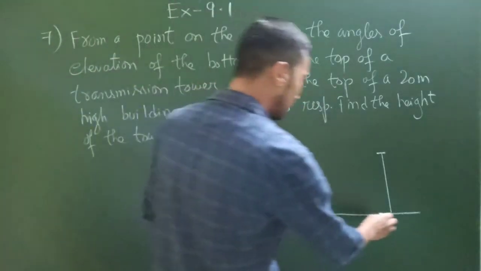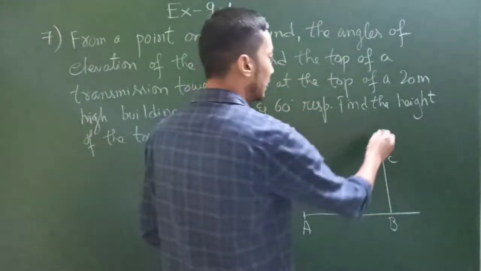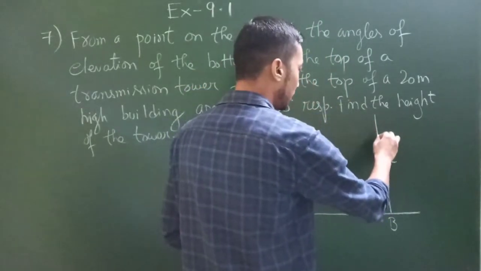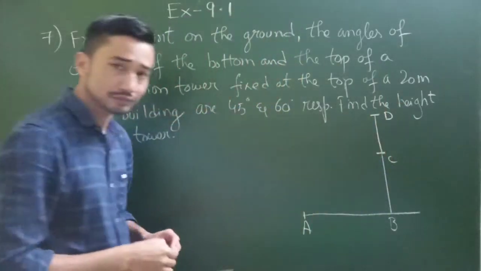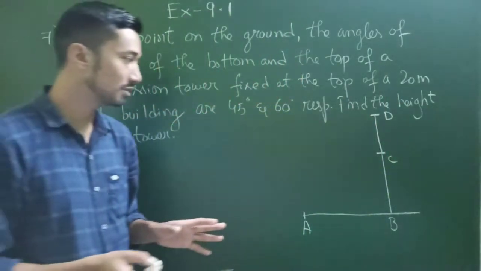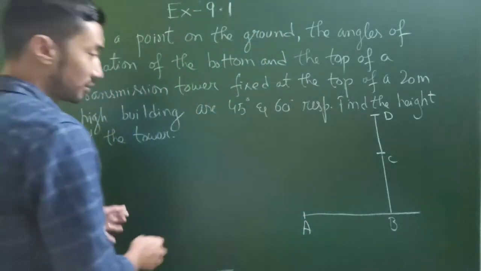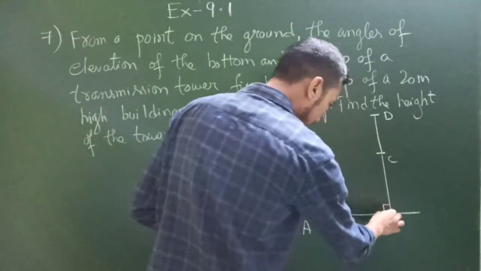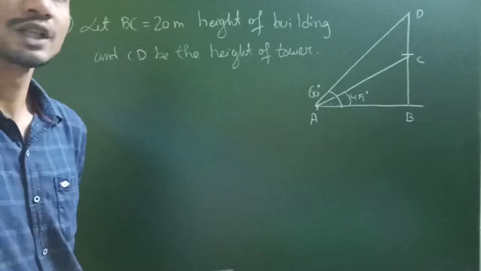So if we assume that BC to be our building, then the tower will be assumed to be, let's say, CD. Okay, so in that case we will assume the tower to be CD. So now this, as we have already discussed earlier, will be assumed to be 90-degree ground level.